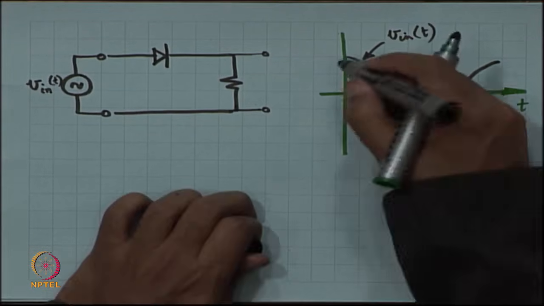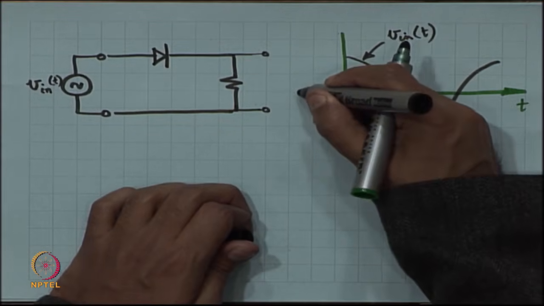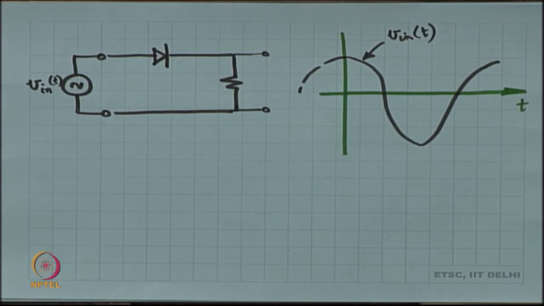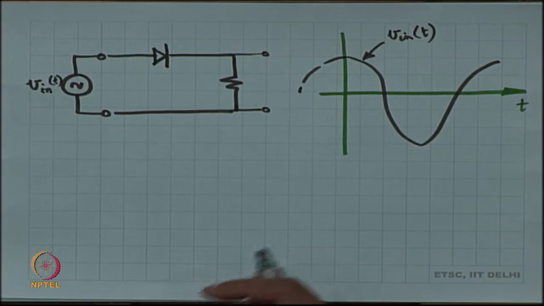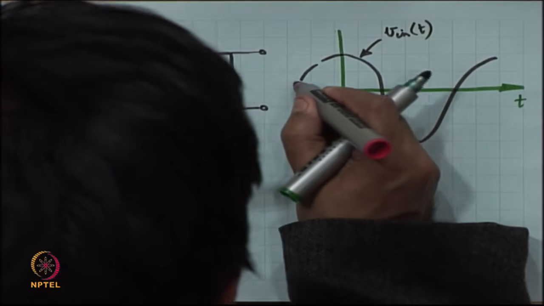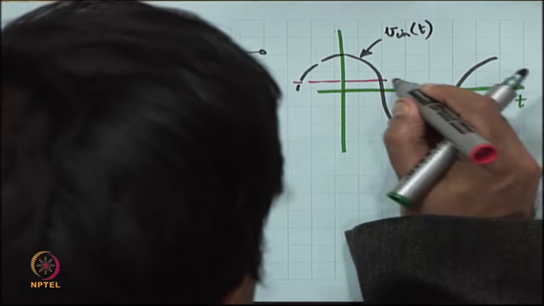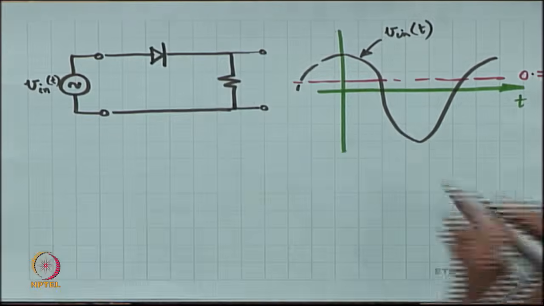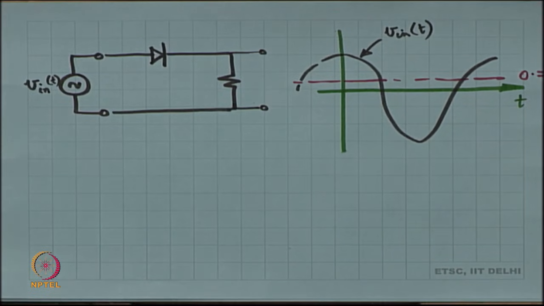So, during the positive cycle of the sine wave, there is a likelihood that the diode will be forward biased, that it will sustain a drop of 0.7 volts, and that will happen only beyond a level of 0.7 volts. Suppose this is 0.7. So, only above this level you are going to get a forward bias current, below this level you are not going to get any current whatsoever, right.